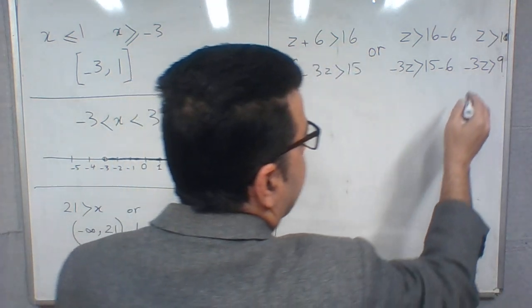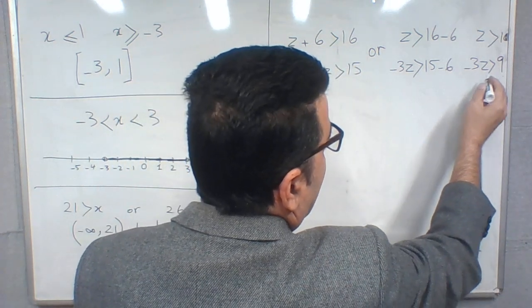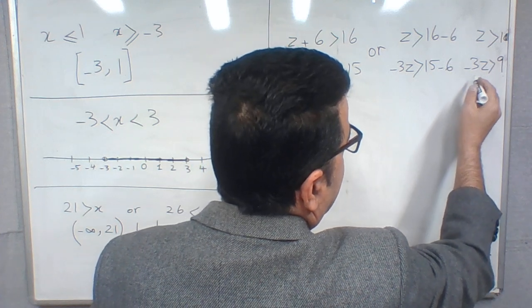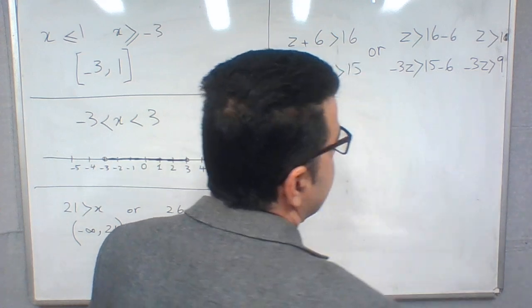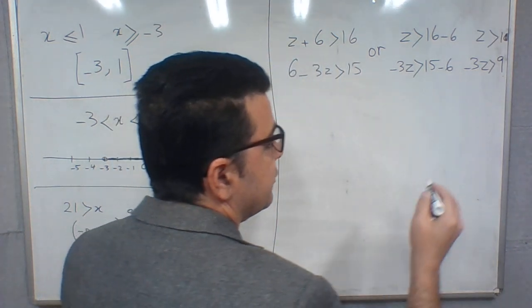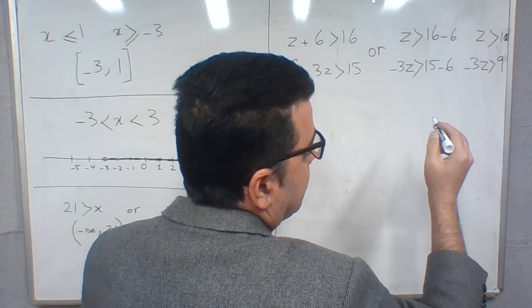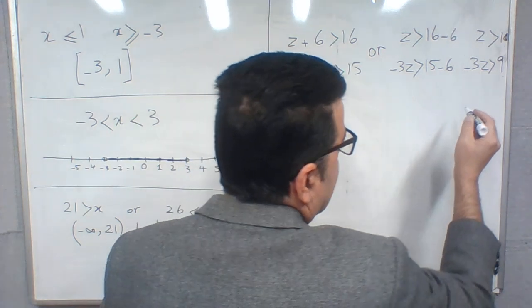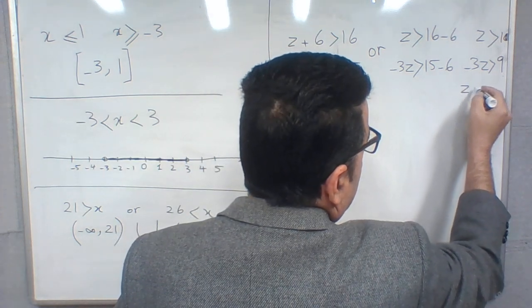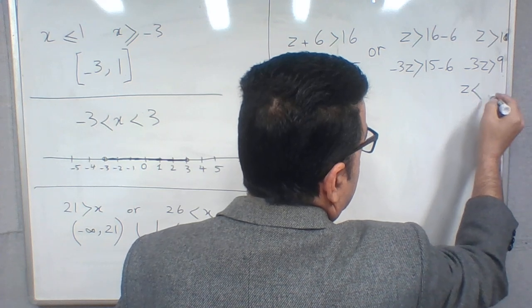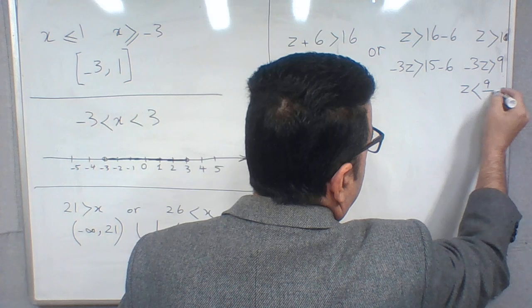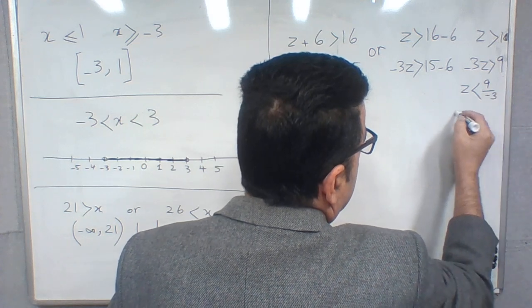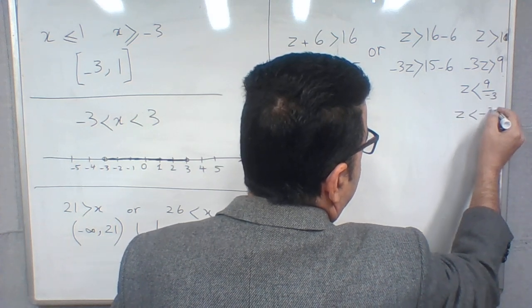Now we need to solve for z. So we divide everything here by negative 3. So when dividing by a negative number, the direction of the inequality changes. So z less than 9 divided by negative 3. So z is less than negative 3.